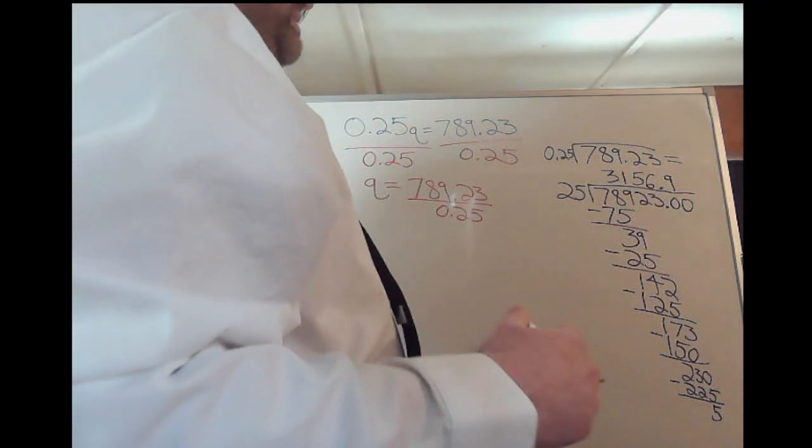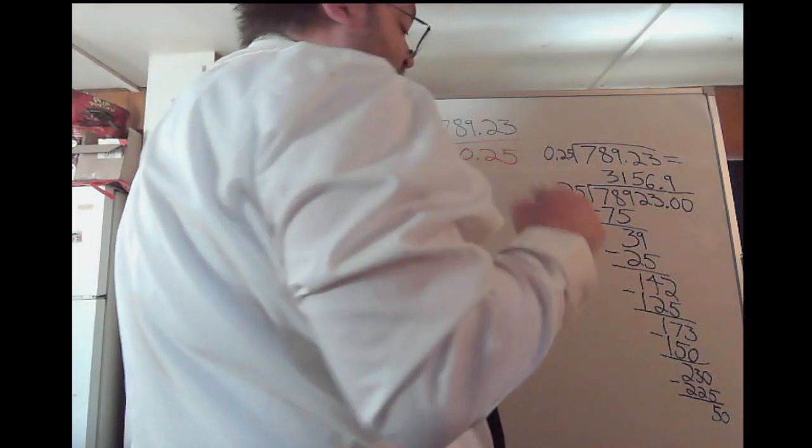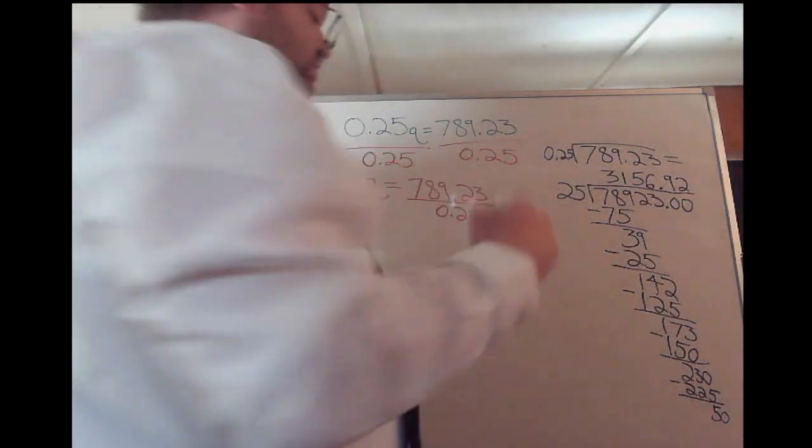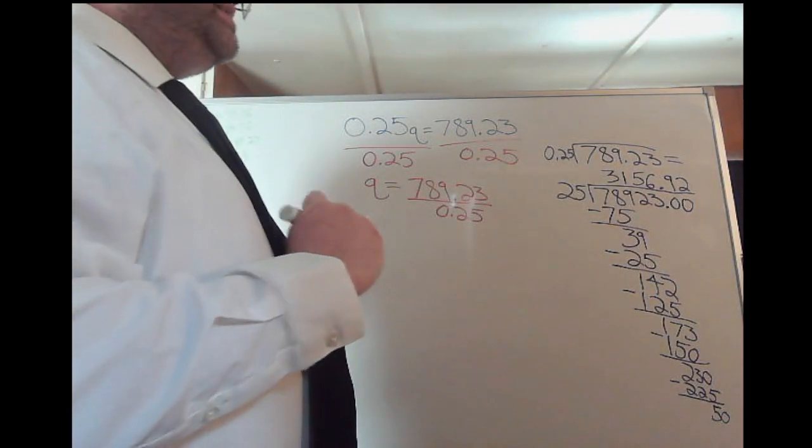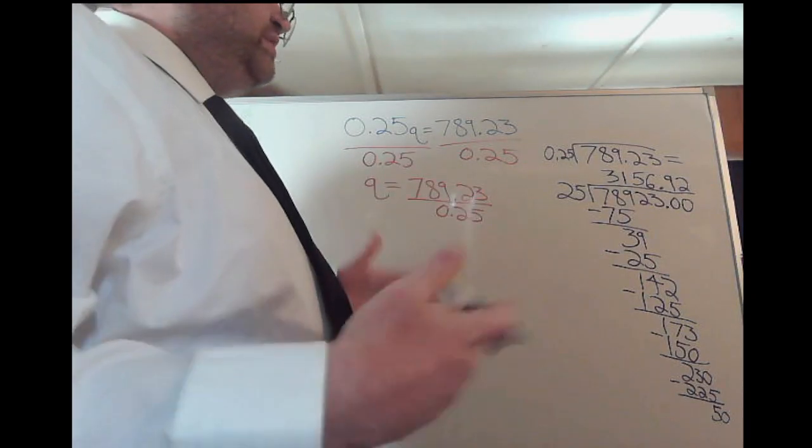Alright, let's tack on another 0 in the dividend so we can bring down a 0 from the dividend. So bring down a 0, you'll have 50. 25 goes into 50 twice. And I can tell you if you do 2 times 25, you'll get 50 minus 50, which will give you a remainder of 0.